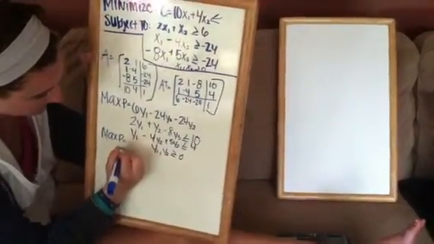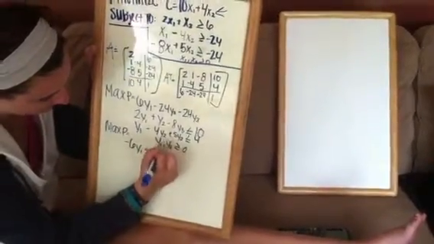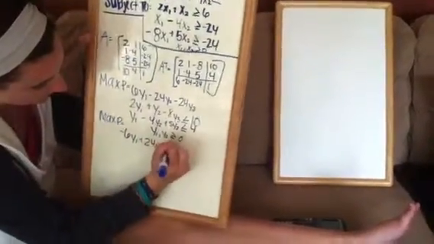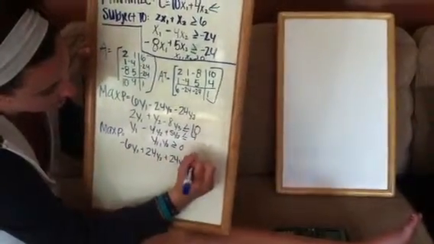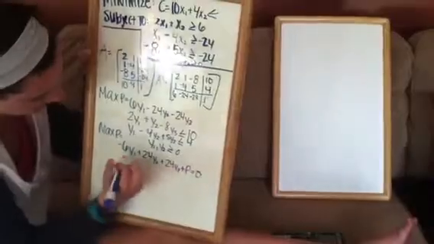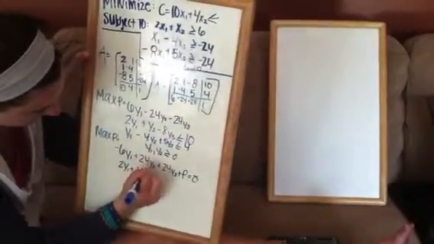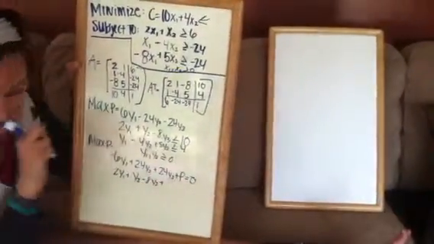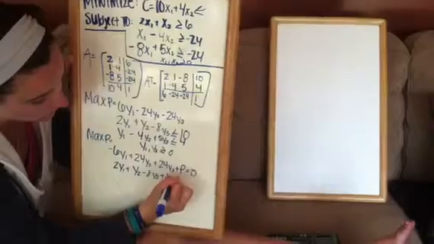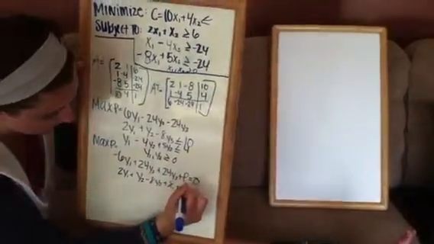So max p is negative 6y1 plus 24y2 plus 24y3 plus p equals 0. 2y1 plus y2 minus 8y3 plus x1, that is our slack variable, is equal to 10.